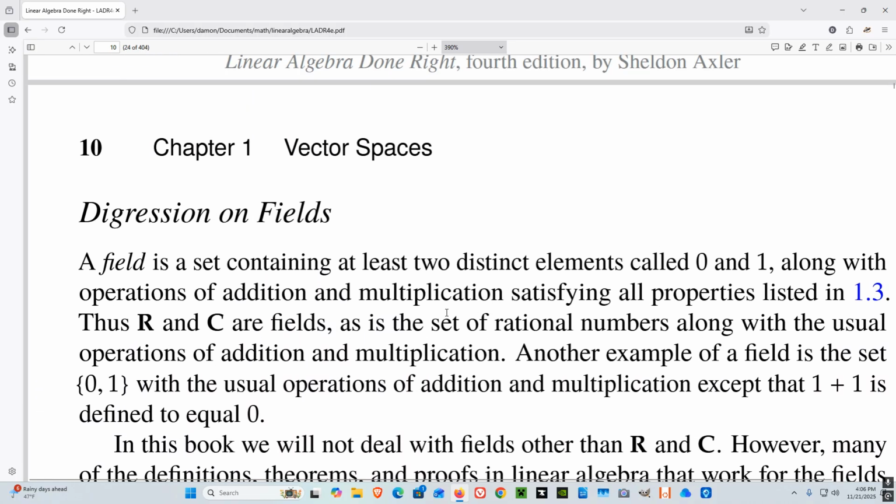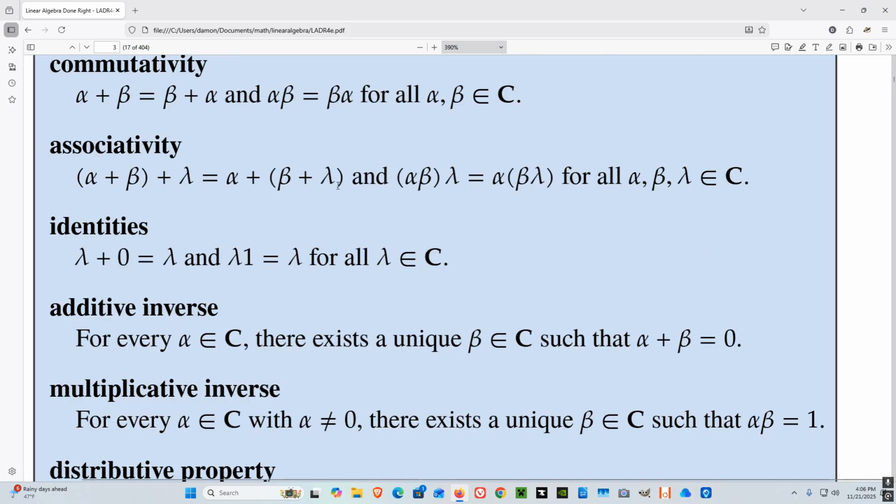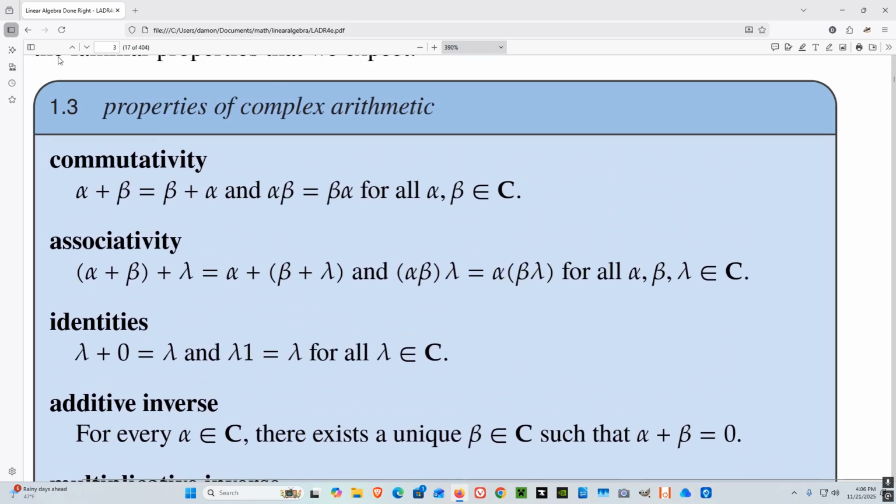Digression on fields. A field is a set containing at least two distinct elements called 0 and 1, along with operations of addition and multiplication satisfying all properties listed in 1.3. What was 1.3? Oh yeah, it was this, which I said was like a field.